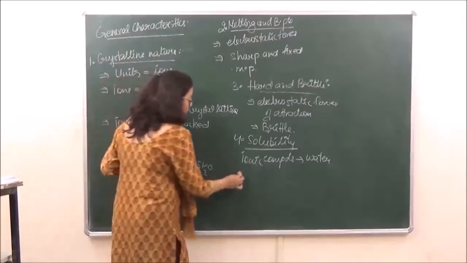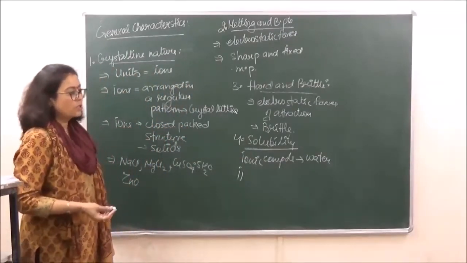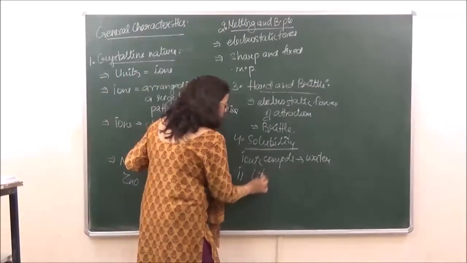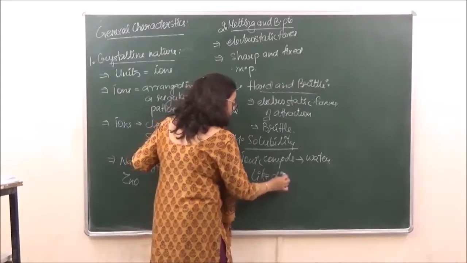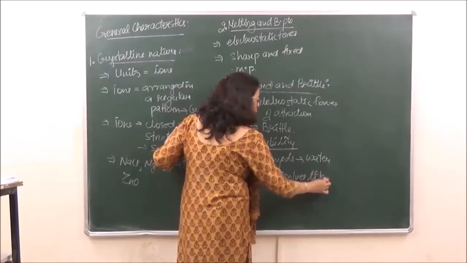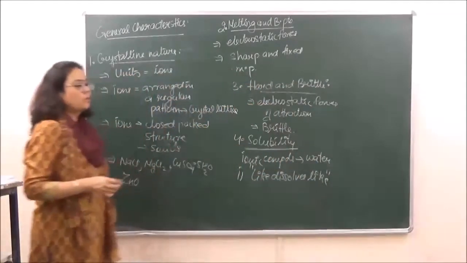There are a few reasons why. The first reason is that an ionic compound is polar in nature, and so is water. We have a principle in chemistry which says like dissolves like. Because of this, ionic compounds are soluble in water.